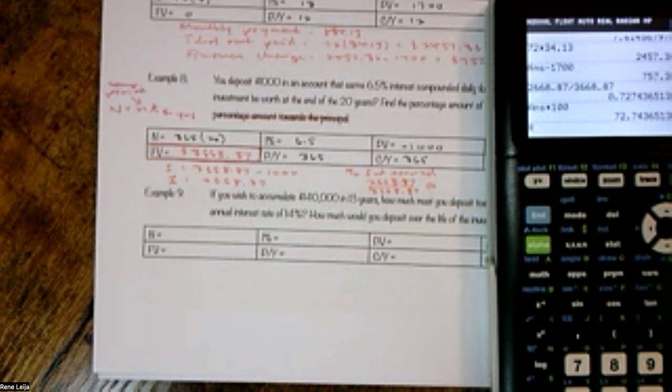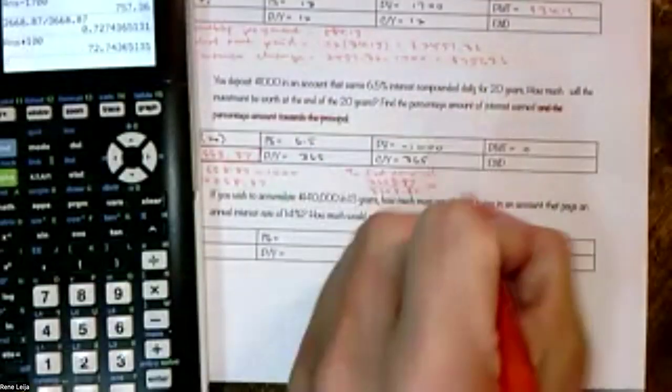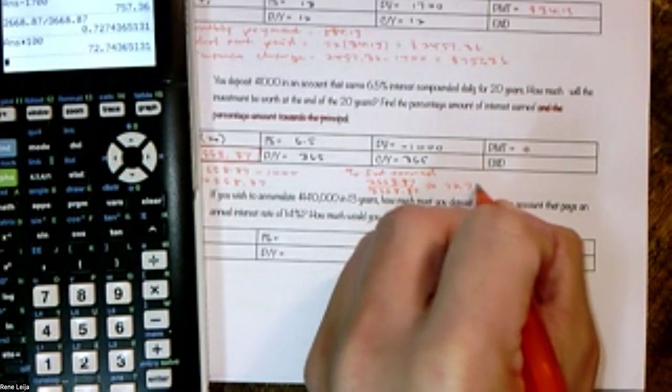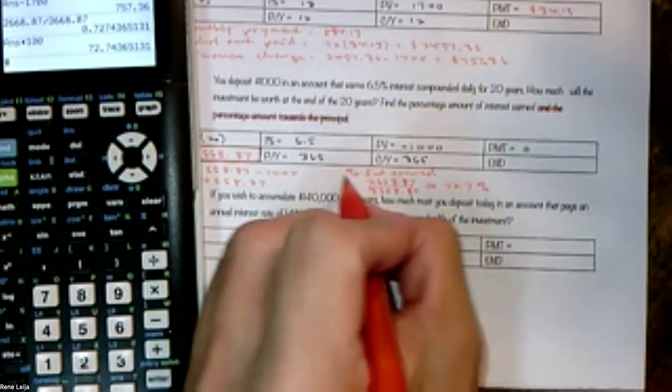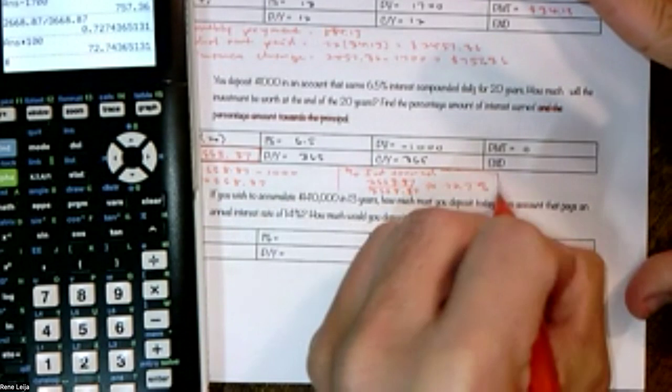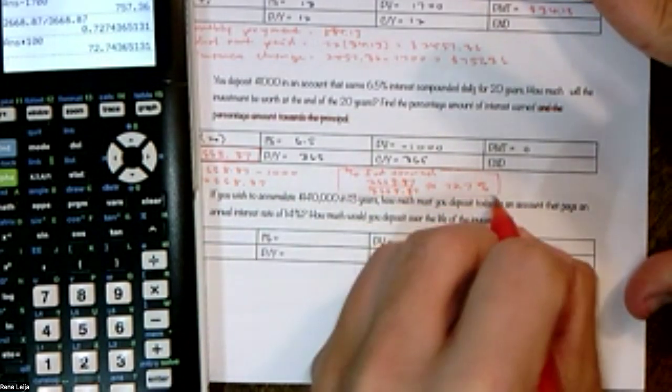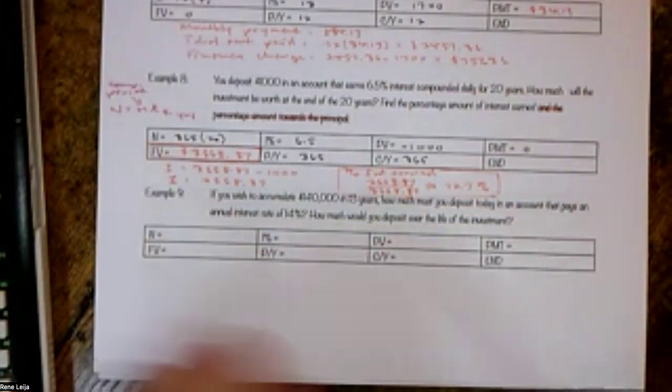So there's my percentage. Let's round this to one decimal, so 72.7%. And that's the second part of the question.